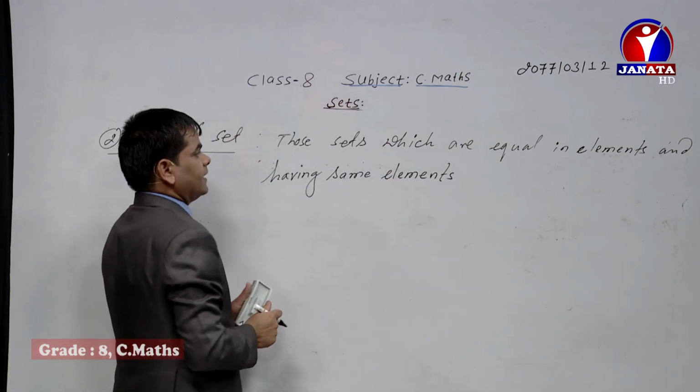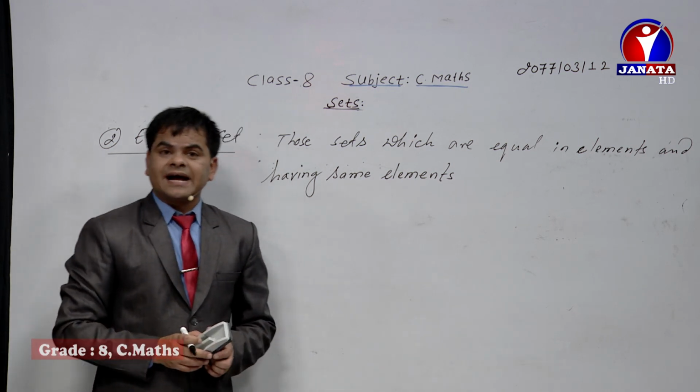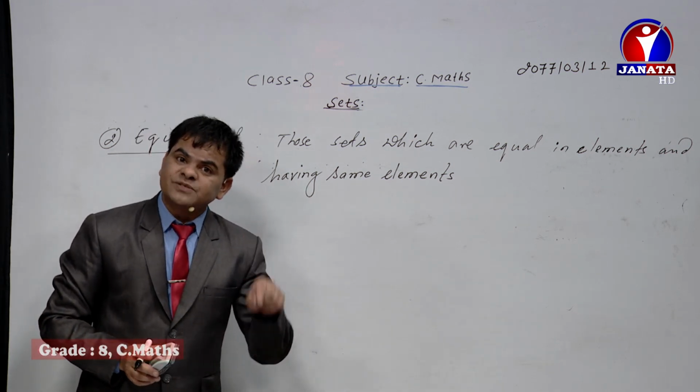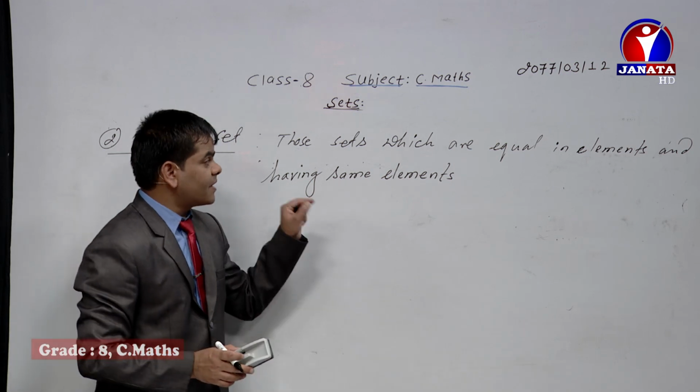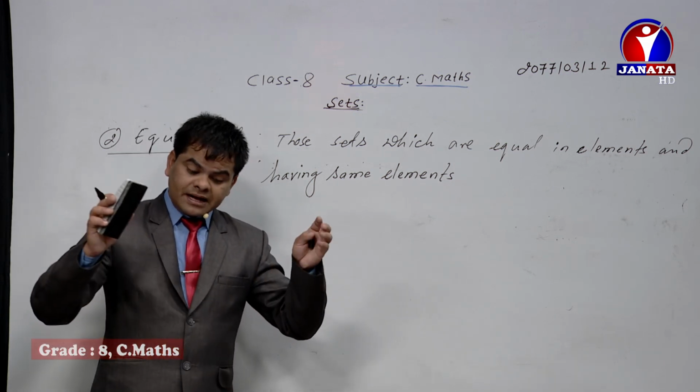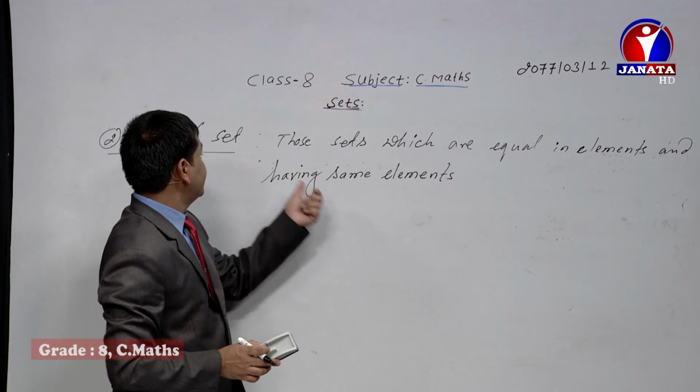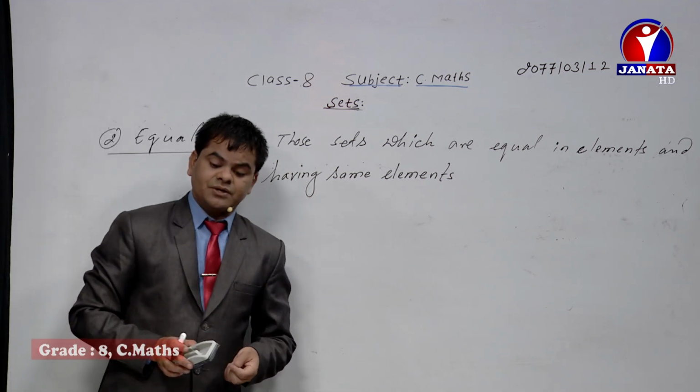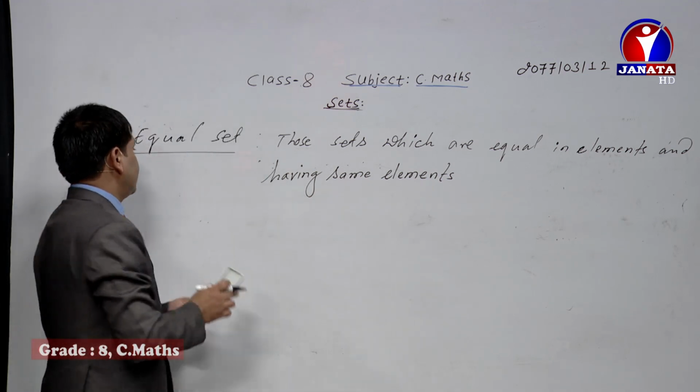That means if two sets are equal from the elements point of view, the same elements are present, and while counting there is also an equal number of elements, that type of set is known as an equal set. Sometimes you may be asked this question as well.